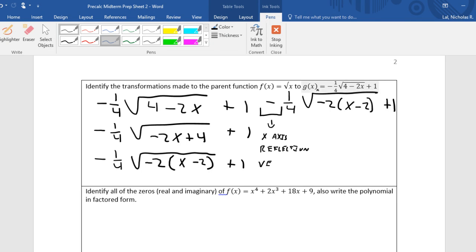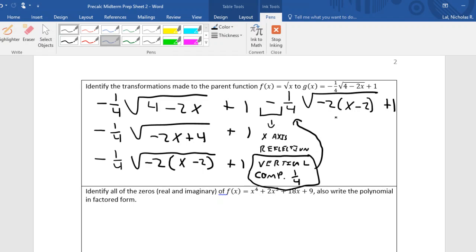If it's inside the function, it's horizontal. So we have a vertical compression by how much? 1/4, outside the function. Yes, if it is a fraction, it's compression. That's not true for horizontal. It's the opposite for horizontal. We have a vertical compression by 1/4. So we have an x-axis reflection and a vertical compression by 1/4.